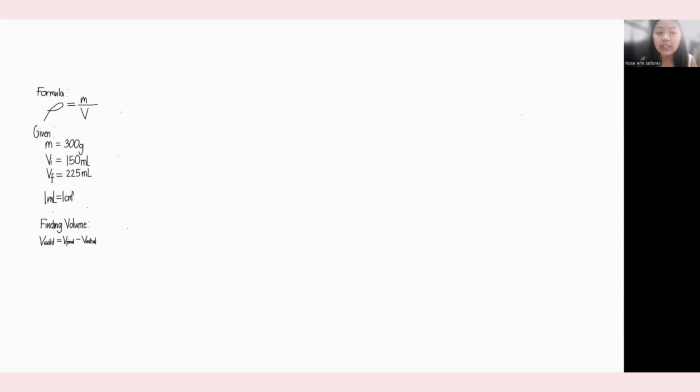Let us find the volume of the metal object using the water displacement method, which is as stated in this formula.